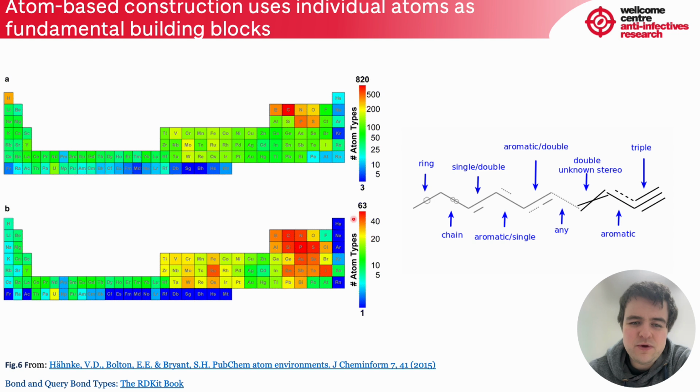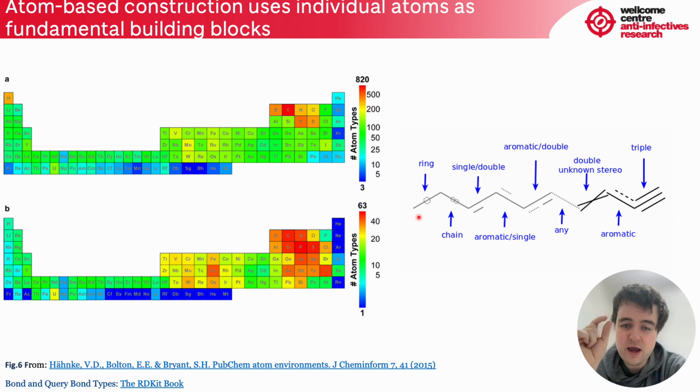And on the other hand, with atom-based construction, we also have to start thinking about bond typing. So we add an atom, but we also then have to carefully think about its corresponding connectivities. Given an atom and its bond, how many different types of bonds can we form?